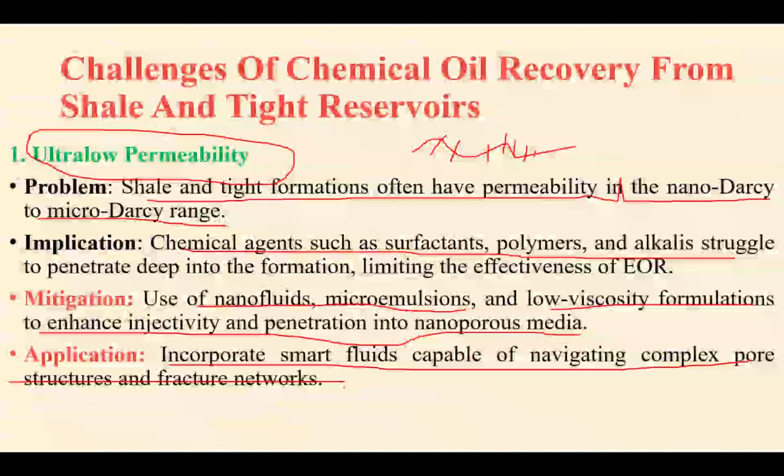Smart fluids is nothing but where you are controlling the different parameters, starting from the different chemical composition to the salinity, their effect of salinity. You must be aware of the low salinity water flooding. And particularly you must have heard about the smart water flooding, where the multivalent and divalent ions play a very important role.